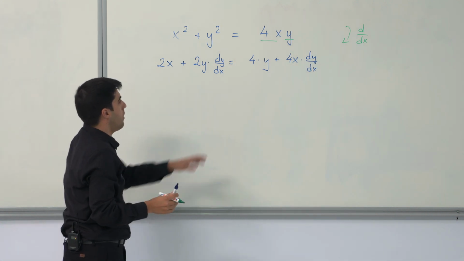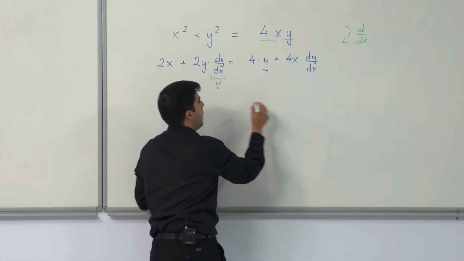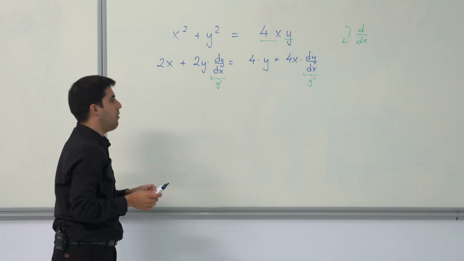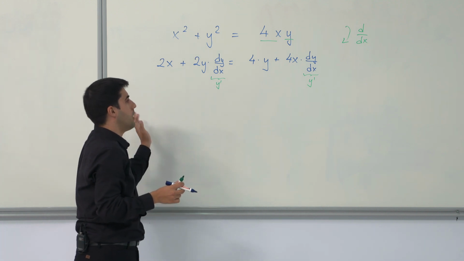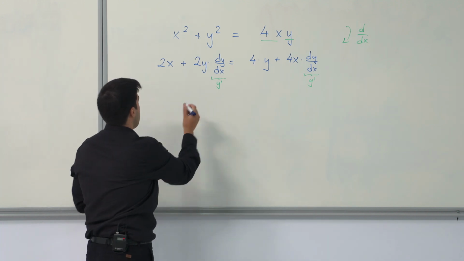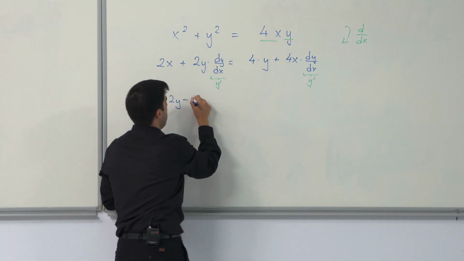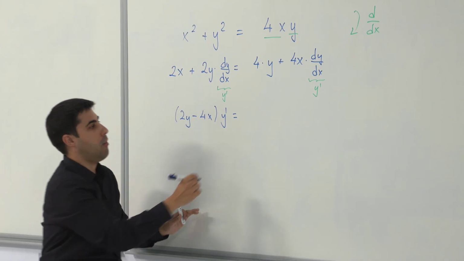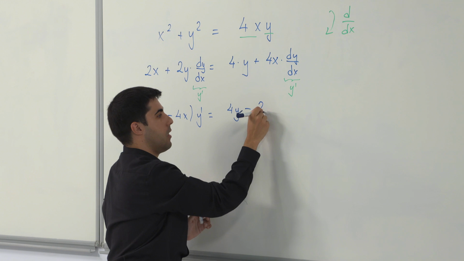Note that we have dy dx on both sides, which is the same as y prime. So we need to solve for y prime, so we can move y primes to one side and everything else to the other side. So we can have 2y minus 4x times y prime equals 4y minus 2x.